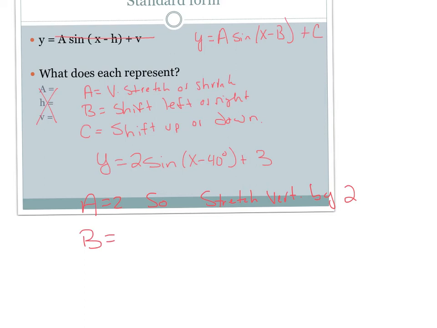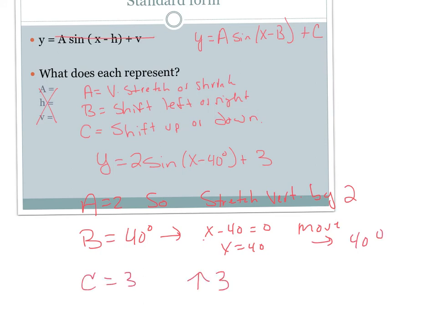B, well, B is 40, right? And so we kind of look at this idea, so we do x minus 40 is equal to 0, and that tells us that this b value is equal to 40, so we're going to move, or just draw an arrow right 40 degrees. And c is equal to positive 3, so we're going to move up 3 units, and that's what we're doing.